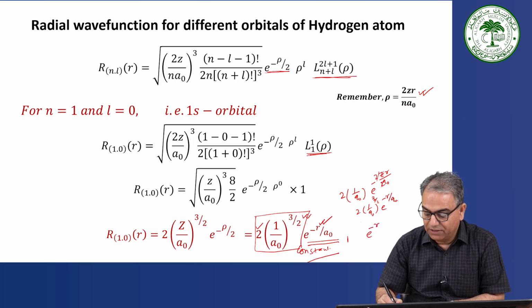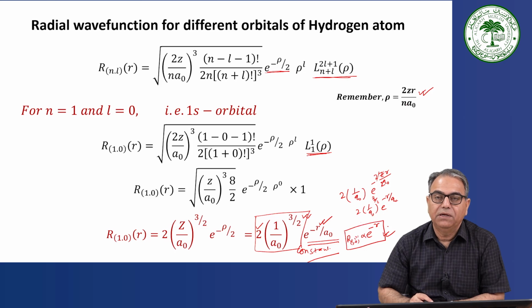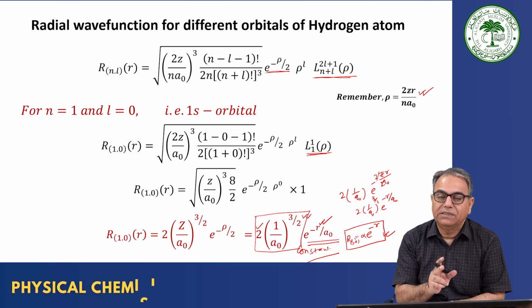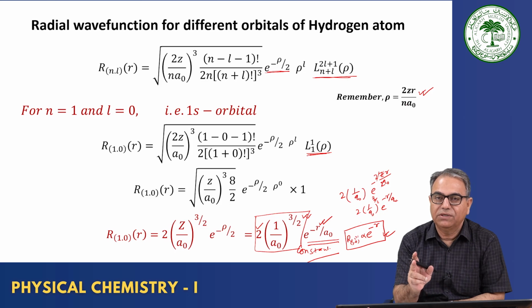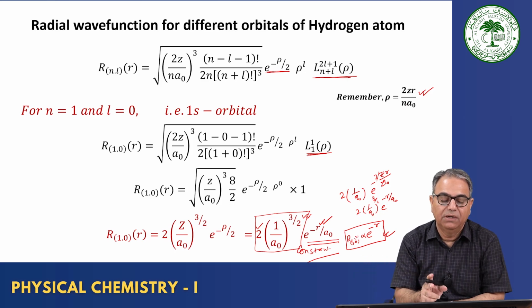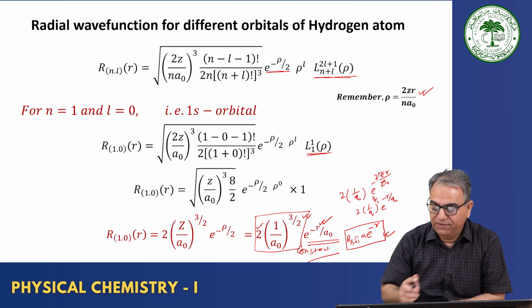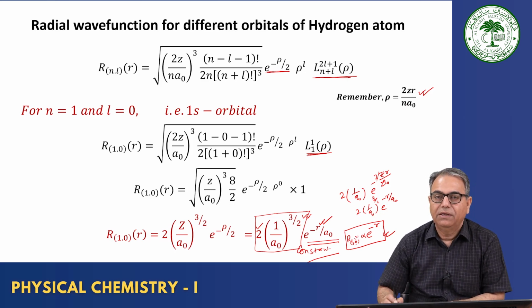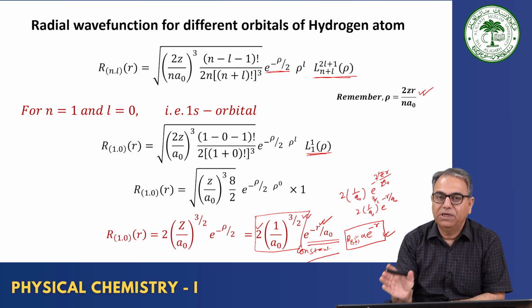So R10 of r is proportional to exponential minus r. What does it mean? r is the distance away from the nucleus, so if you move away from the nucleus, the function goes on decreasing exponentially. That's very important. For the 1s orbital, the wave function which we have obtained goes on decreasing exponentially as you go away from the nucleus.